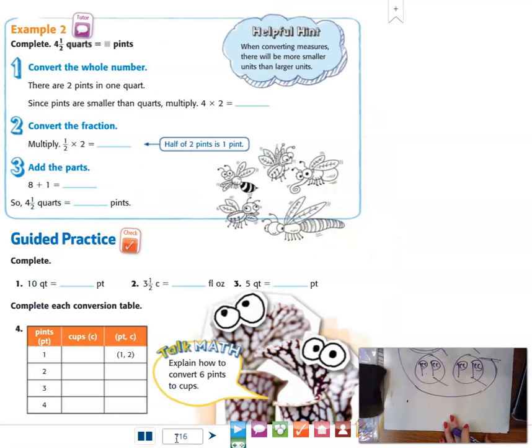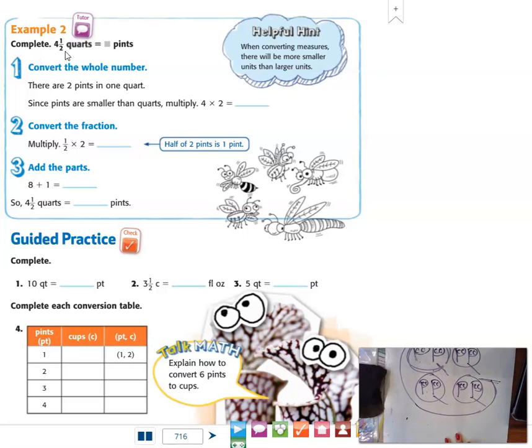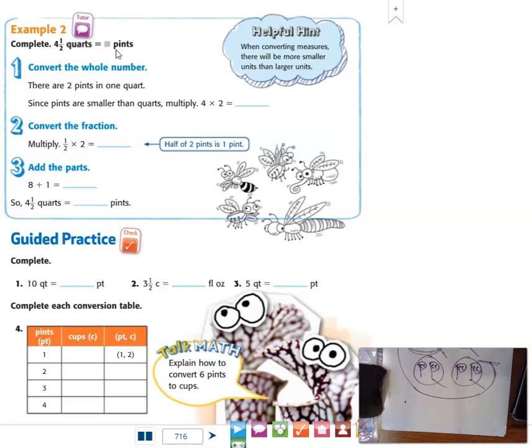Okay, so I'm looking at 716 now. I've still got my visual there. According to example 2, I have 4.5 quarts to pints. So I'm going to try and draw 1, 2, 3, 4.5 quarts.